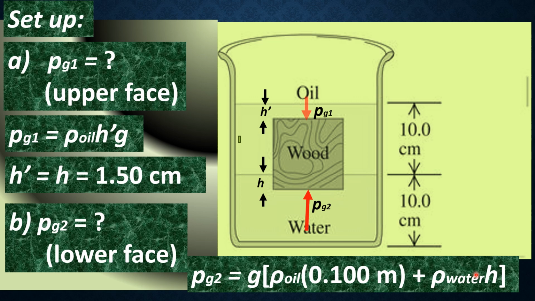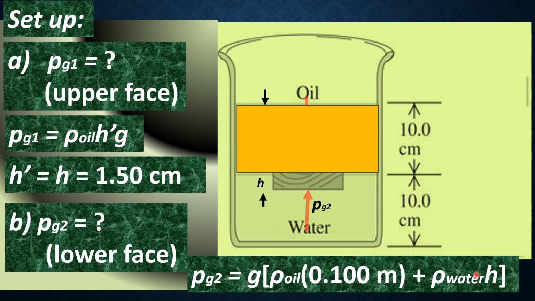So as emphasized in the drawing, we use this colored portion of the liquid oil. The total depth of oil is actually given in the drawing, which is 10.0 centimeters. And that of water is colored blue.